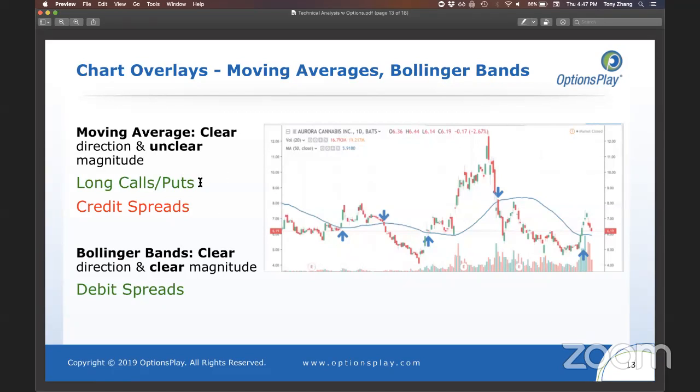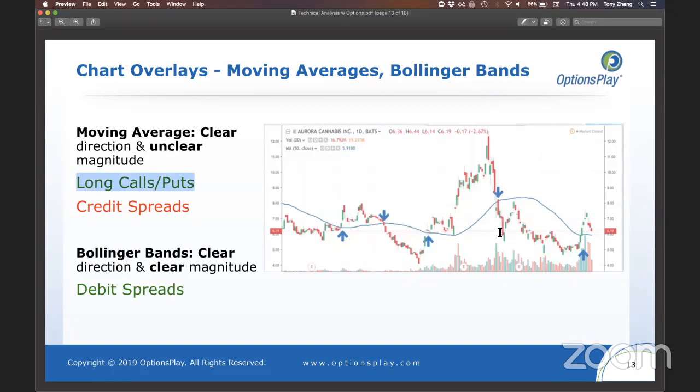So that's why, generally speaking, I recommend that if you're going to trade moving average crossovers, you should sell credit spreads. Because when the stock crosses above its moving average, that's a clear sense for direction, but you have no sense for magnitude. So selling credit spreads is a more optimal way to deploy your capital. You can buy long calls or puts if you do expect a quick, fast move, but that tends to happen more so on the downside.